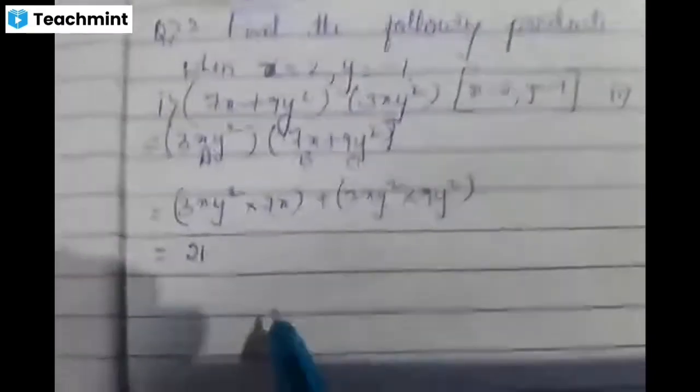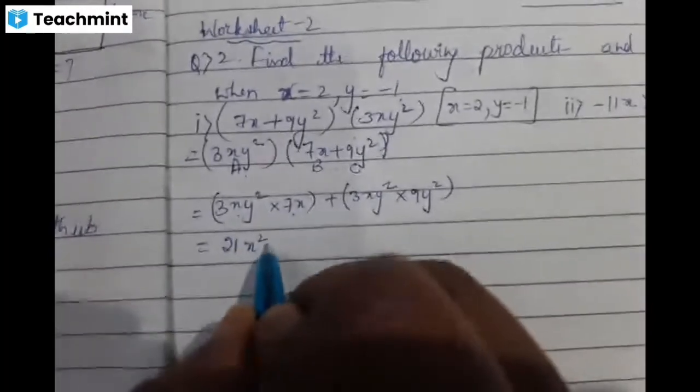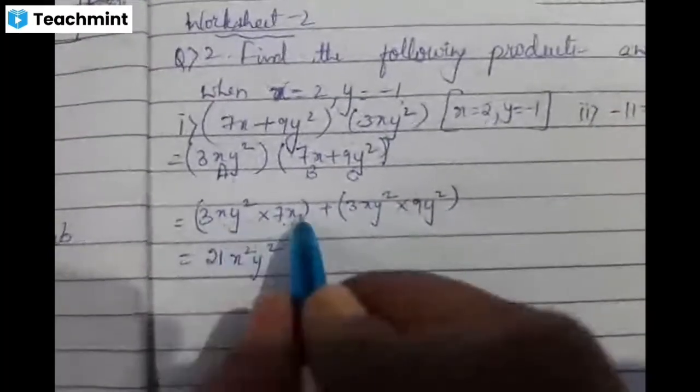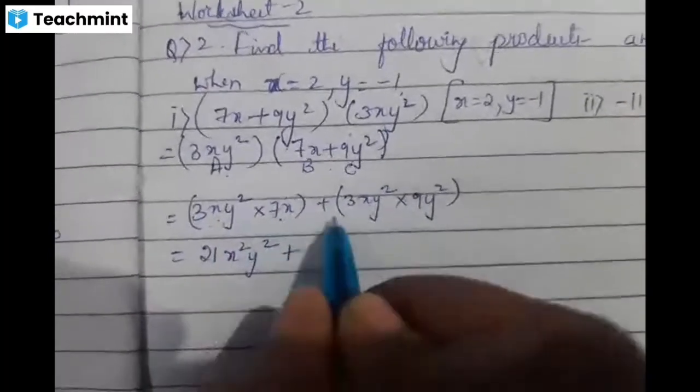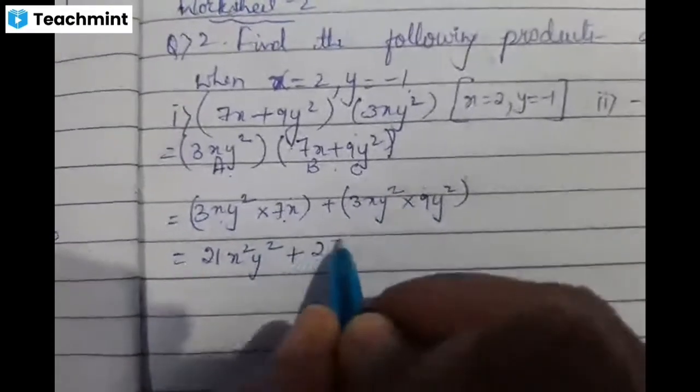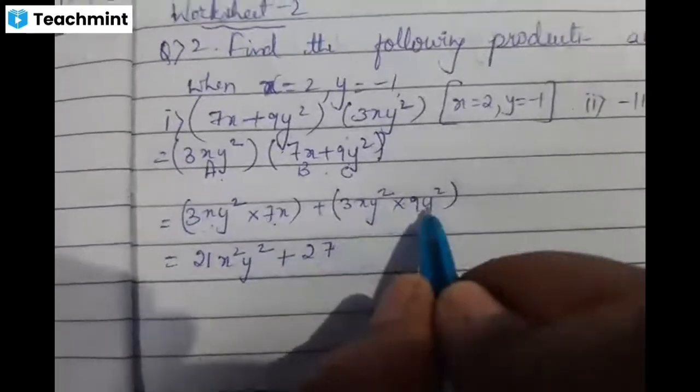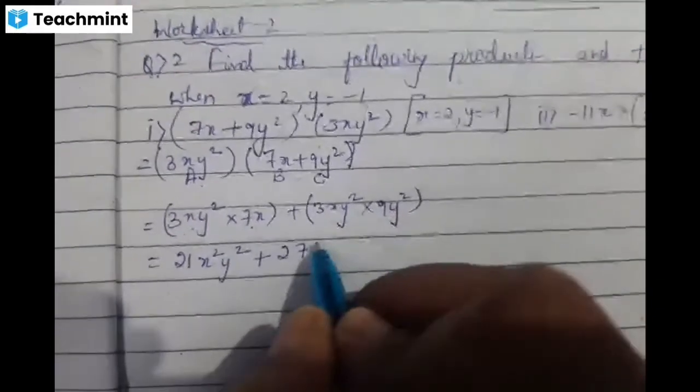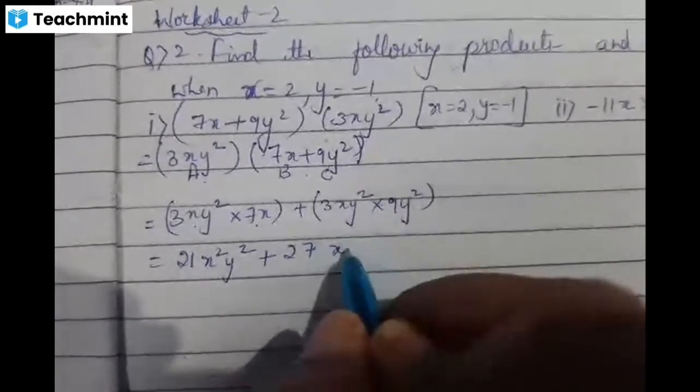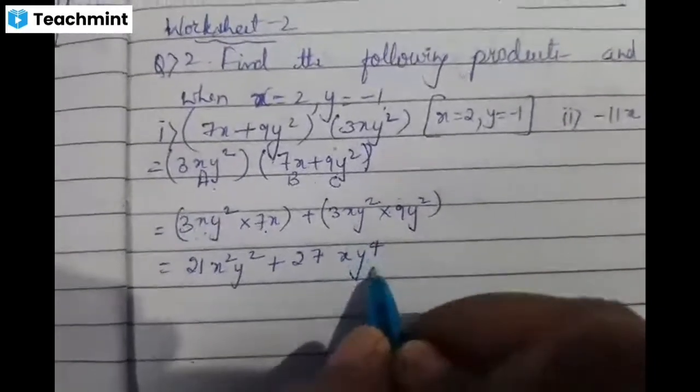Now in this stage, you should be able to multiply directly, children, without grouping. 7 3s are 21. X into x is x square, y square as it is, because you don't have y here, plus 9 3s are 27. X as it is, because no x is there here. Y square into y square is y to the power of 4.